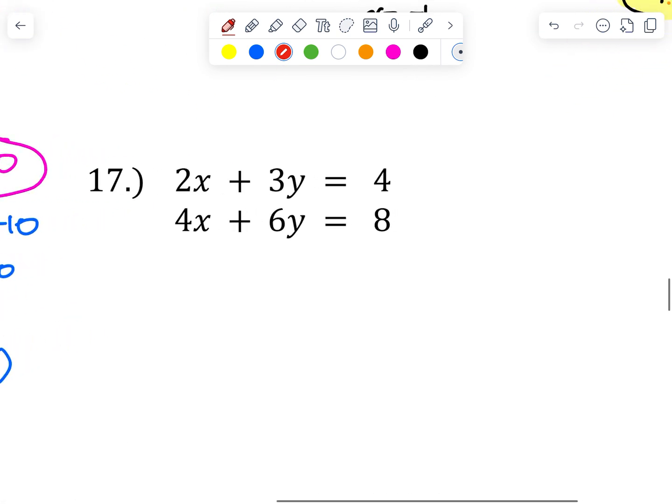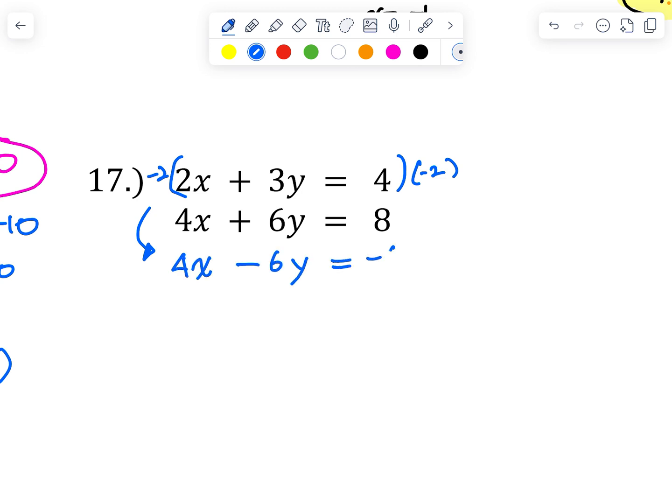I'll use elimination for this one. Multiply this by negative 2. So I end up with positive 4x minus 6y equals negative 8. Hey, wait a minute. I thought it was going to be... oh wait, is it the same equation? It is, huh?